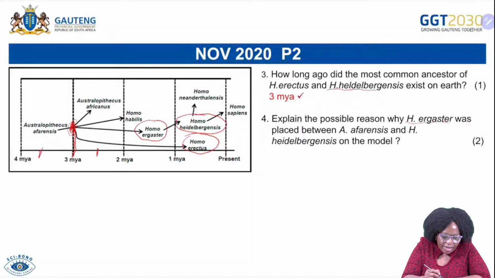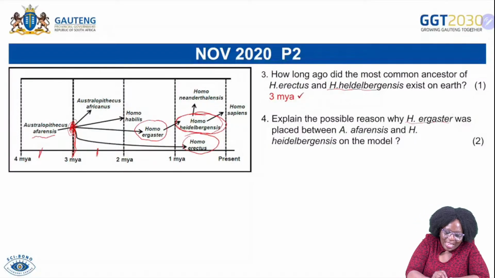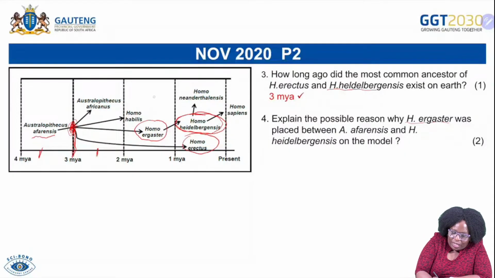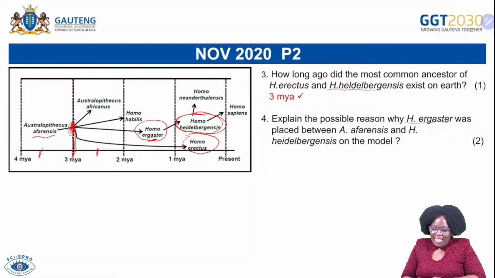So you look at, where is my Australopithecus afarensis? Here is my Australopithecus afarensis, and this model here of Homo heidelbergensis. Why was it placed between these two on the model? You see it's between the two. Why is Homo ergaster placed there?